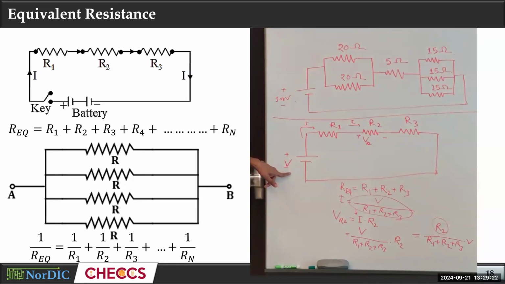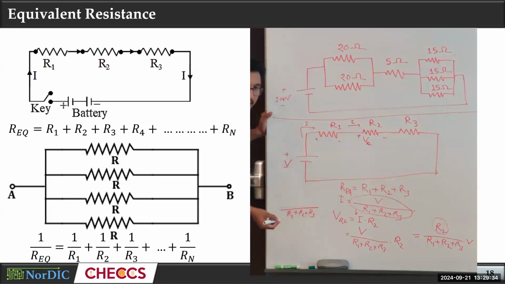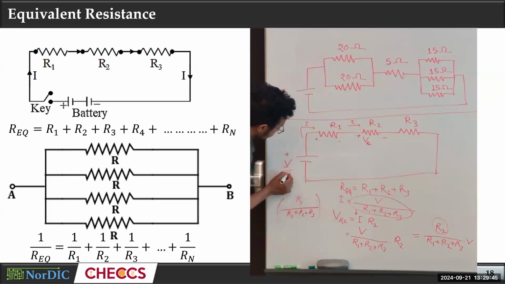So if I ask you, what is the voltage here? What you will do, you write it this way. R1 plus R2 plus R3, all the resistances, and above in the numerator, only write R1 and then multiply it by the voltage.